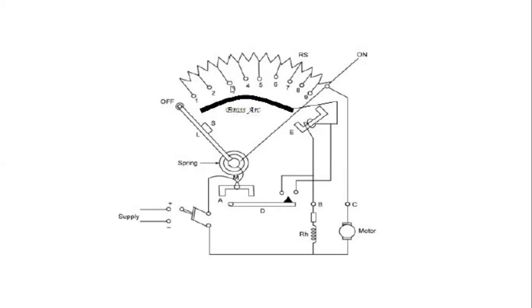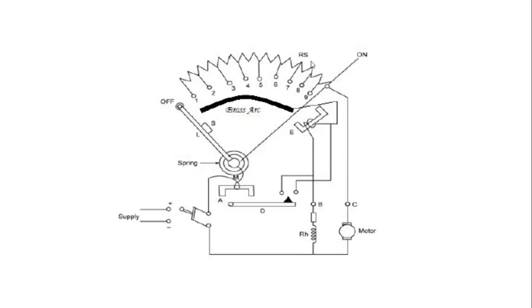Stud 1, stud 2, stud 3, stud 4, stud 5, stud 6, stud 7, stud 8, stud 9. We have nine studs. At the starting condition, the handle is in the off position. When we give the supply, we push this handle from stud 1 through stud 9.